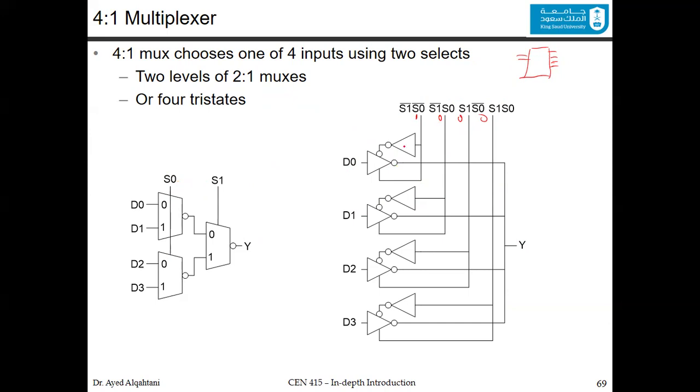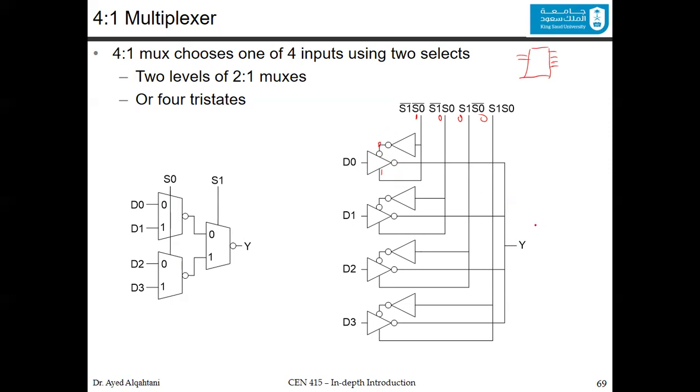So notice that if you have this 1, then after the inverter you have 0 and you have 1. So this would be active. The enable would be on. So D0 will pass through this inverter. So now here the Y would be inverted.